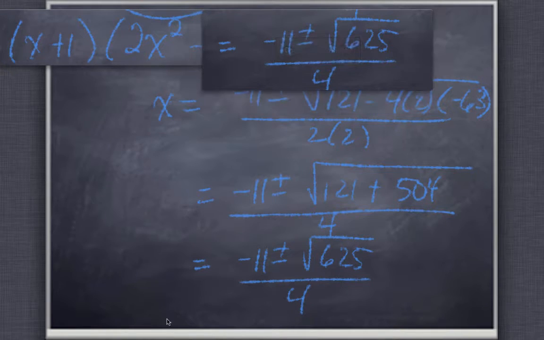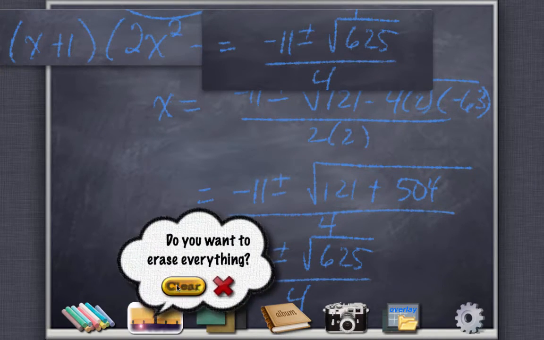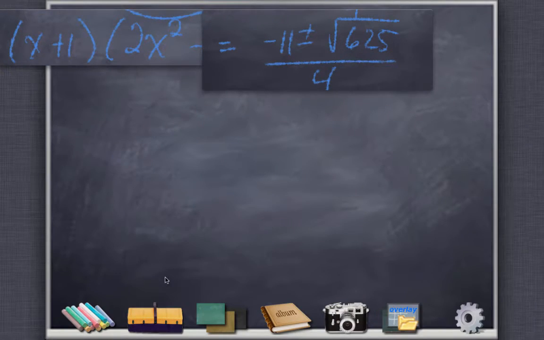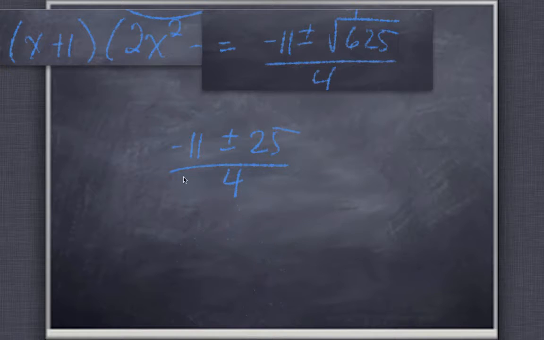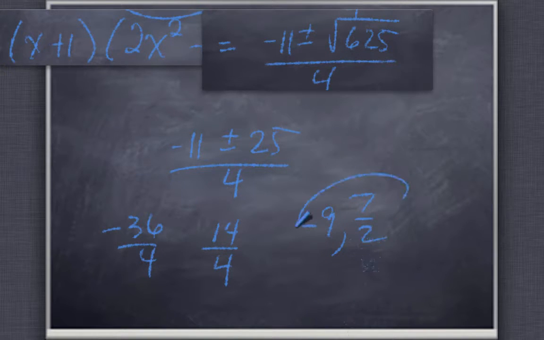Keep that just for the moment. So negative 11 plus or minus 25 over 4. Negative 11 minus 25 over 4, or negative 11 plus 25 over 4. So negative 9 and 7 halves.